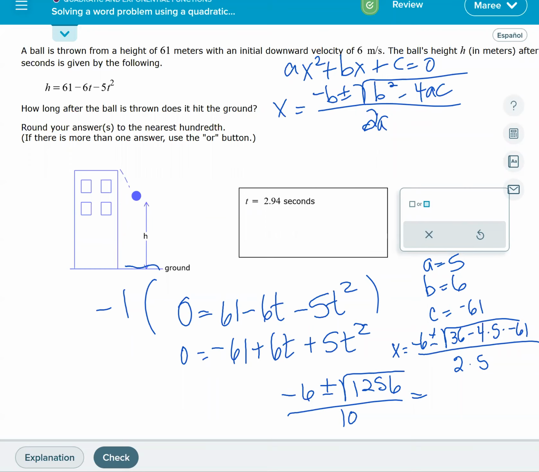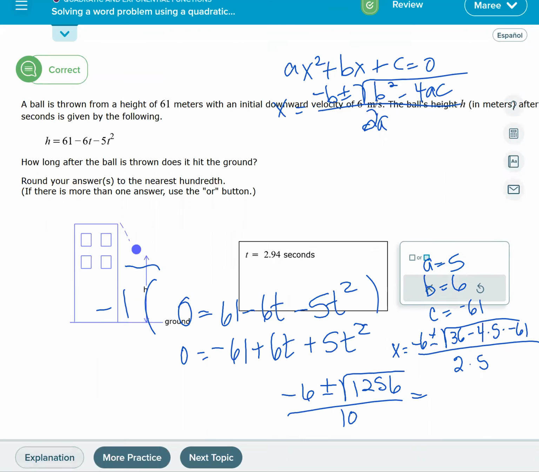Again, I'll use the up arrow twice, push enter to copy and paste, go up to my numerator and change the plus sign to a minus sign. And I get a negative answer. So we can't have negative time. So this means this is our only answer.